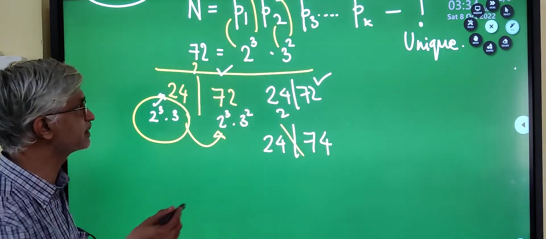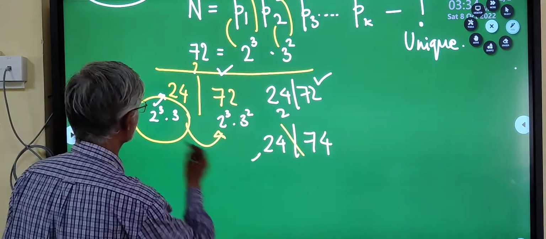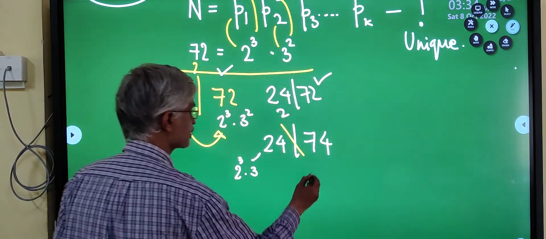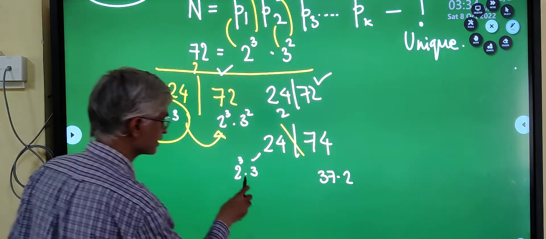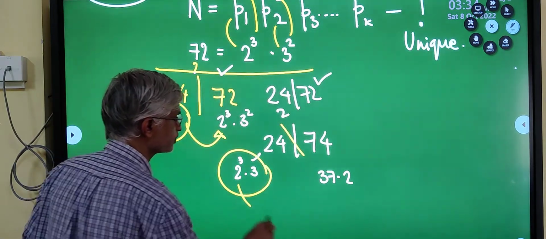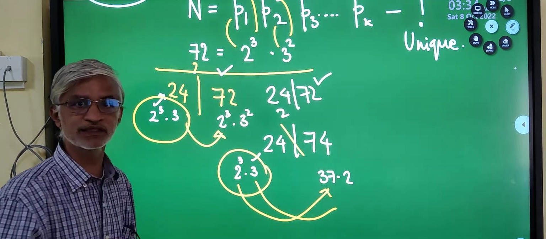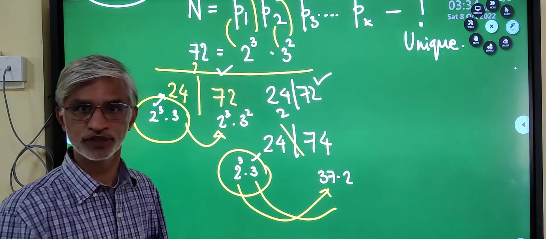But if you want to think in terms of the prime factorization test, then this one we just saw is 2 cube into 3, and this one is 37 into 2. Now here you can see that 2 cube does not occur here, and neither does 3, and for both these reasons we can say that 74 is not divisible by 24.